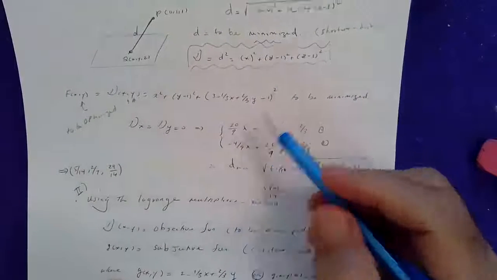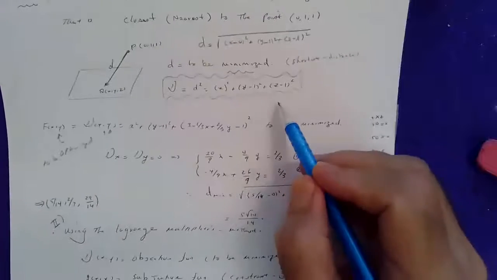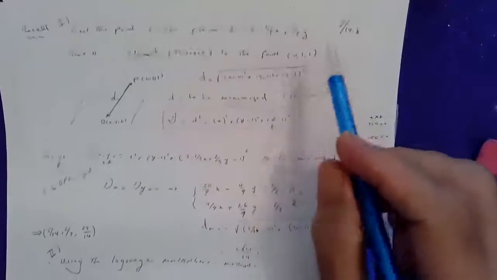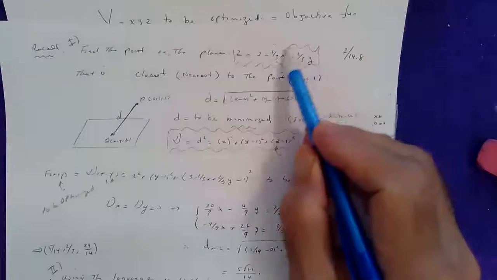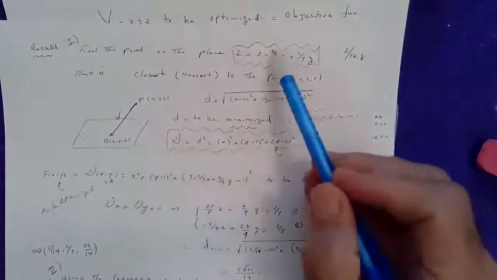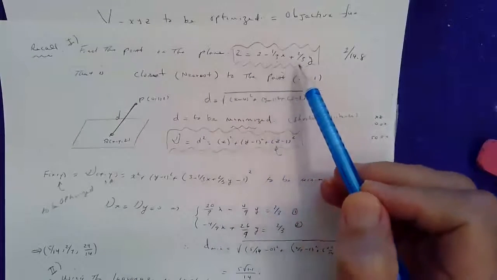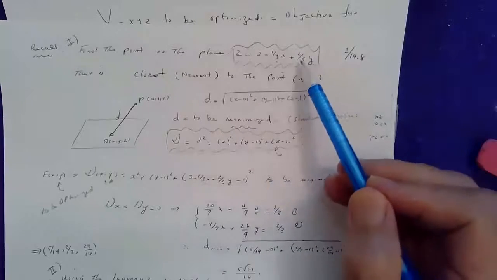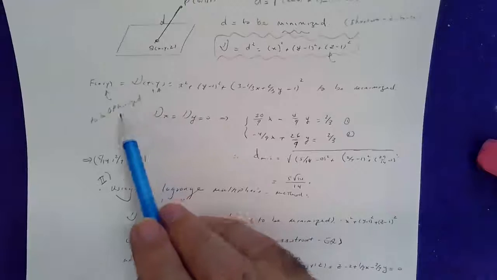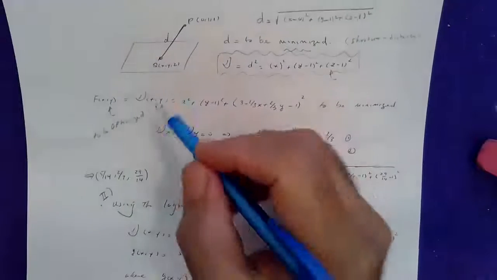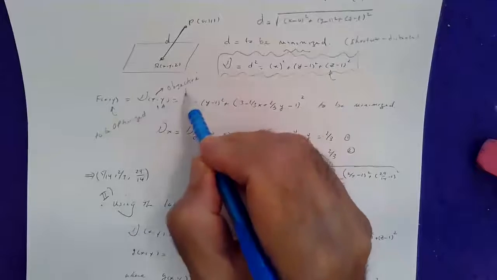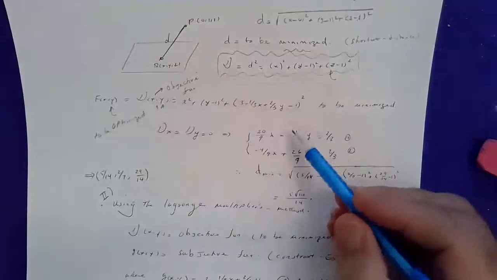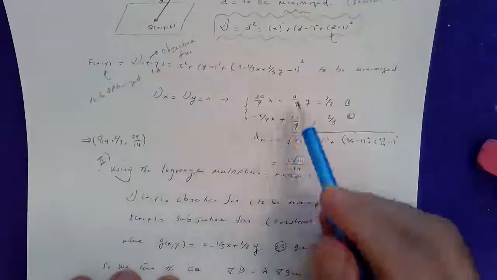So right here, I replace the z with the equation of the plane, 2 minus 1/3 of x plus 2/3 of y. Now I have the objective function in terms of 2 variables. Now I can apply the D-test.